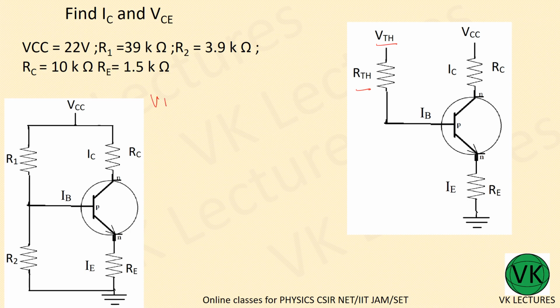So what is VTH? VTH is equal to VCC into R2 divided by R1 plus R2. VCC is nothing but 22. 22 into R2, R2 is 3.9, you can take 4, divided by R1 plus R2, 3.9 plus 39, that is around 43.